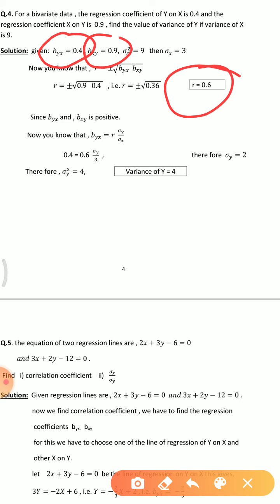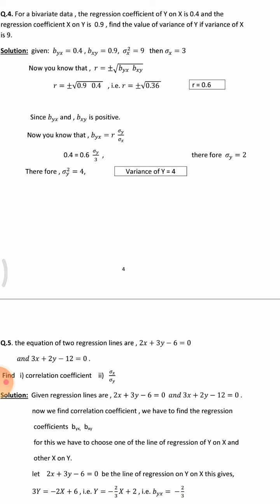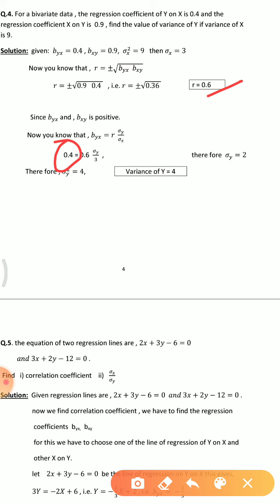Now we have to find the variance of y, so you have to take the formula. You know that b of yx is equal to r into sigma y upon sigma x here. Substitute their values. The regression coefficient of y on x is already given as 0.4, the r value found here is 0.6, into sigma y upon 3.